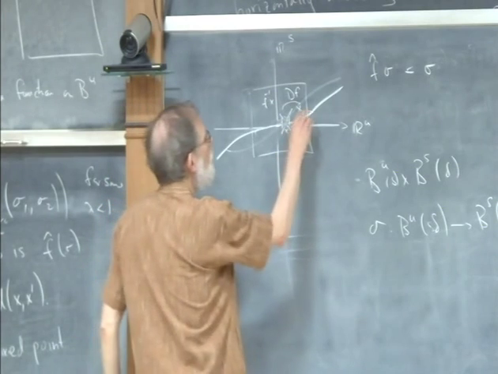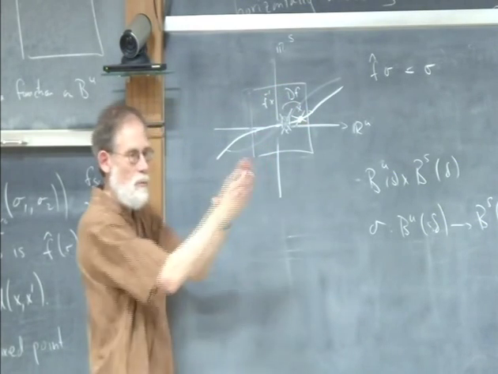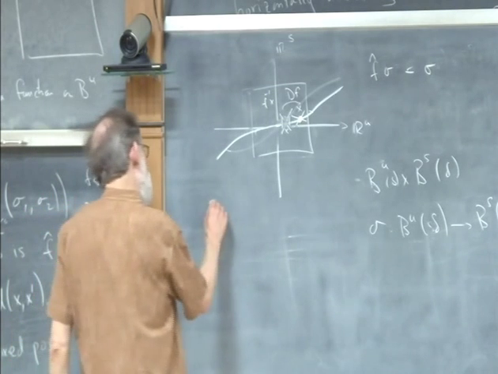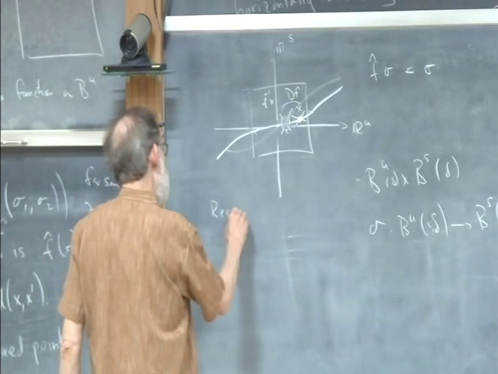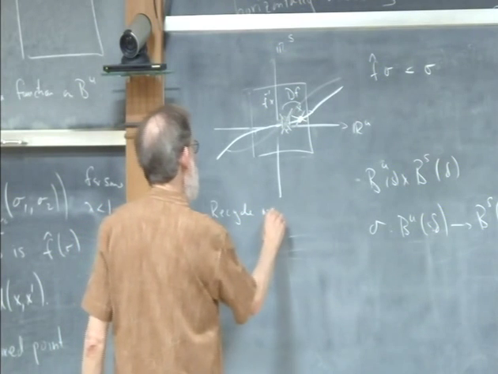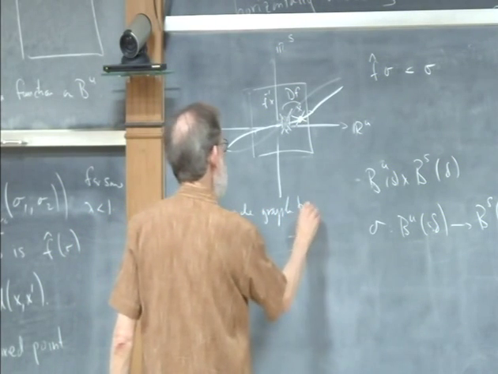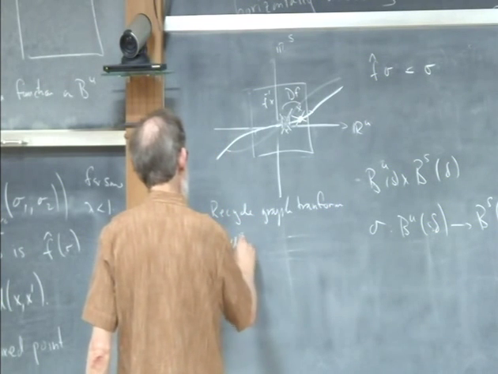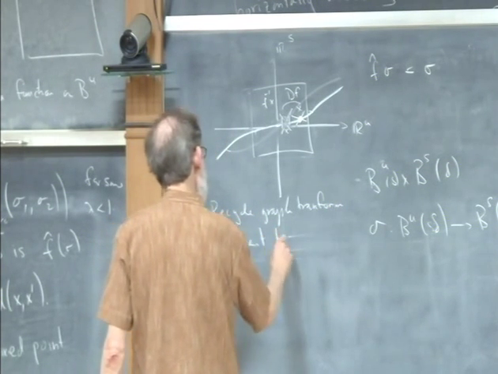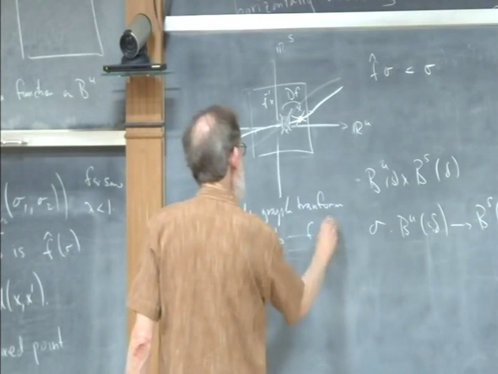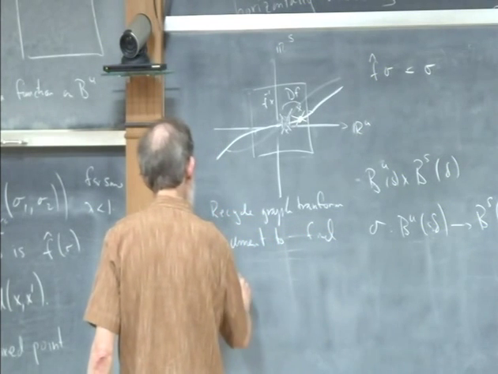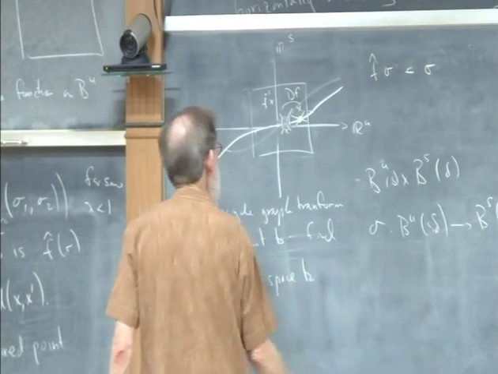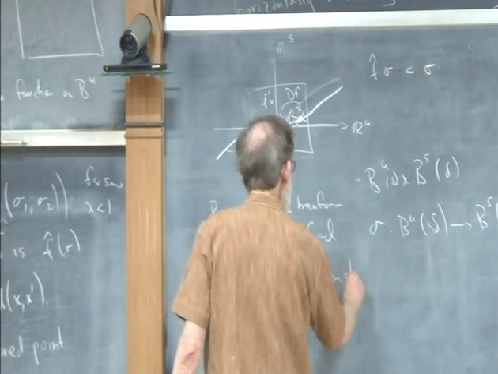They'll tend to become closer to each other in the stable direction and stretch out. And so you can sort of recycle the graph transform argument to find the tangent space to the unstable manifold.